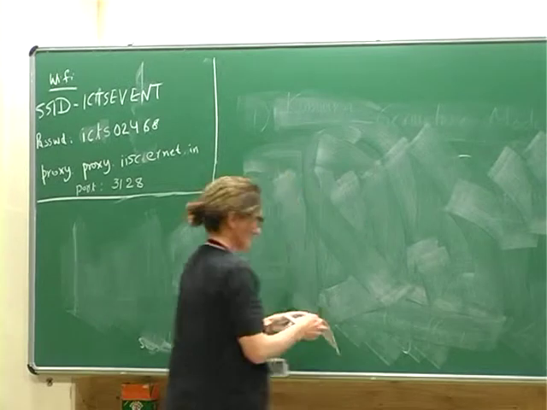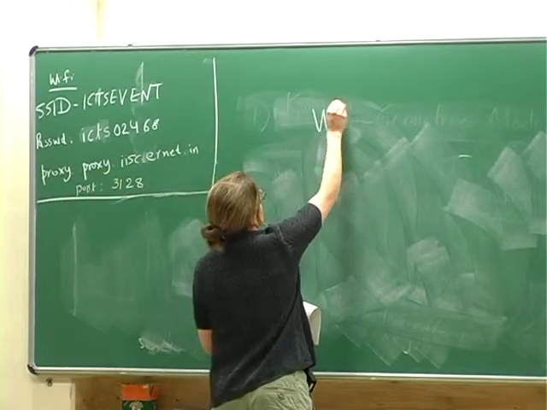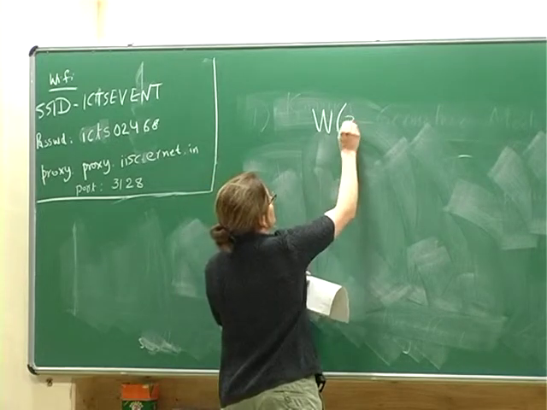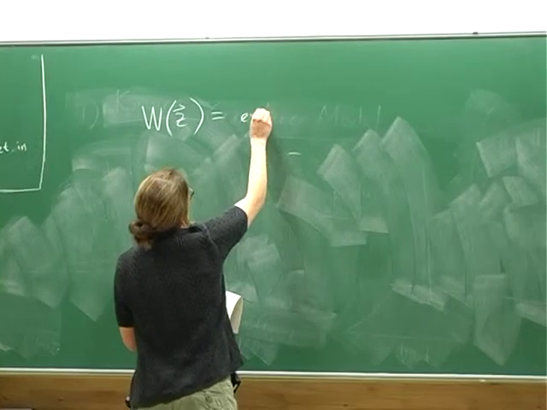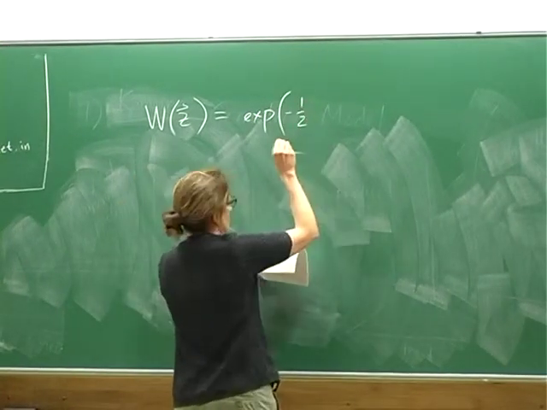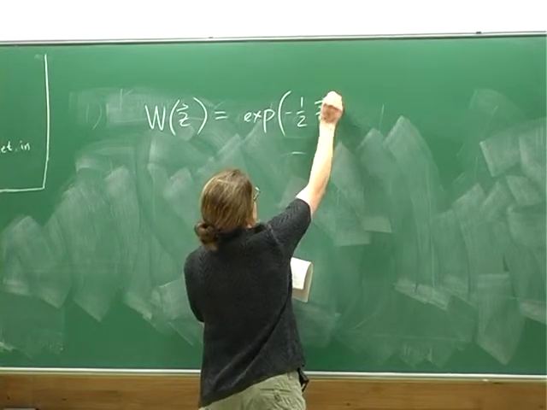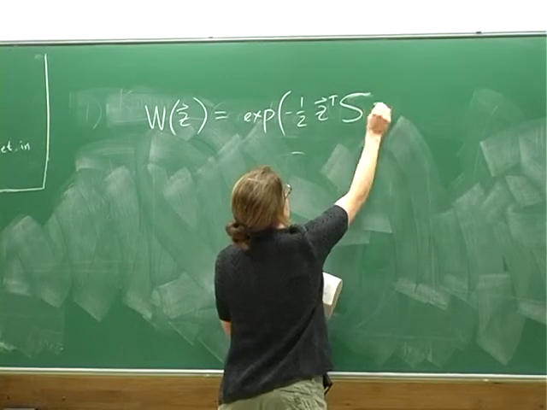So what else do I need to tell you? Oh, so that multivariate Gaussian, it will look like this. The fitness of any phenotype will be e to the -1/2. We'll do Z transpose, is it S? S is what he uses.